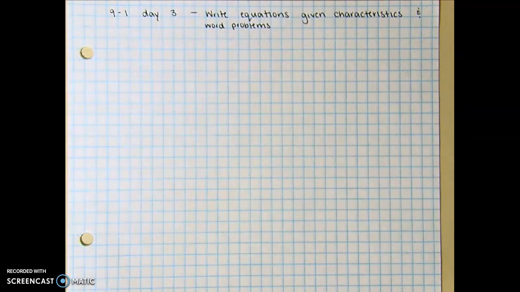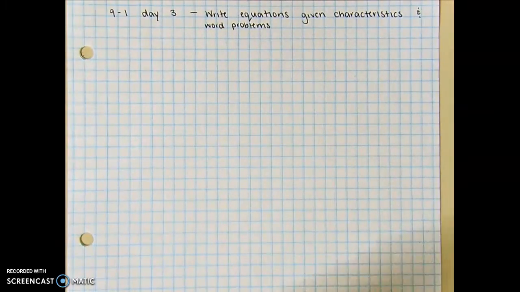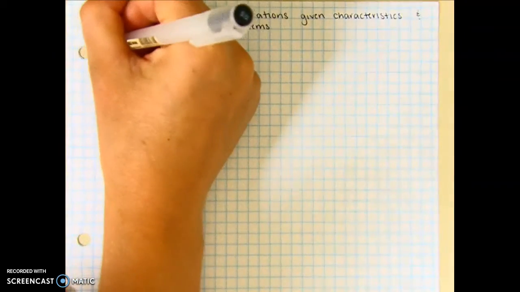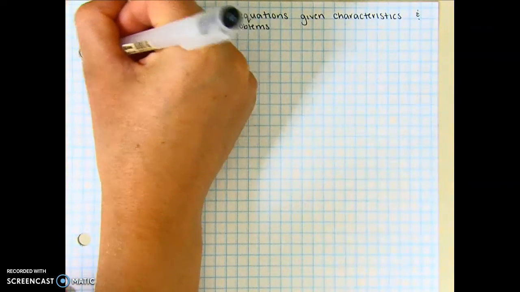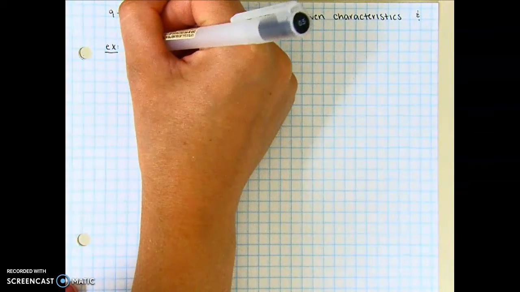Hello. In this video, I'm going to be teaching you how to write equations for conic parabolas given characteristics, and we're also going to do a word problem. So let's start out with an example using some characteristics. So let's say we know the vertex.